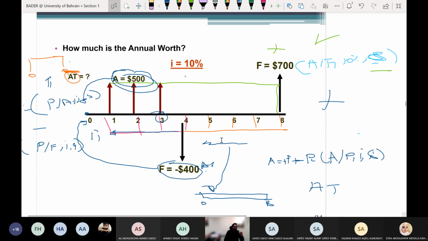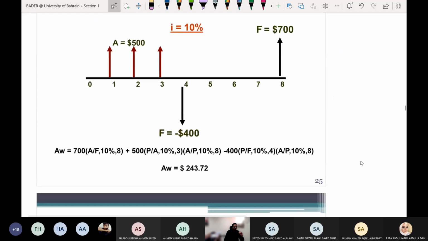So what just happened here? Everybody got this right. Let's start with where it was awkward. 500. Find P given A, 10%, 3. What just happened? I represented this at this point. Now, when I put this, what just happened?